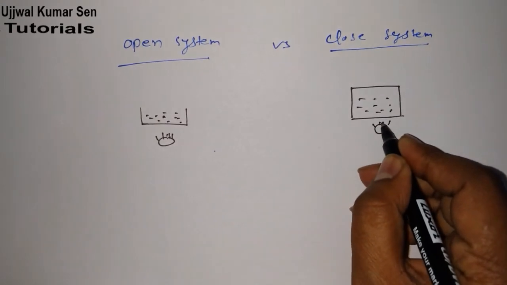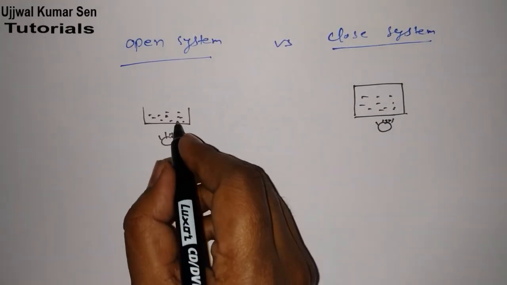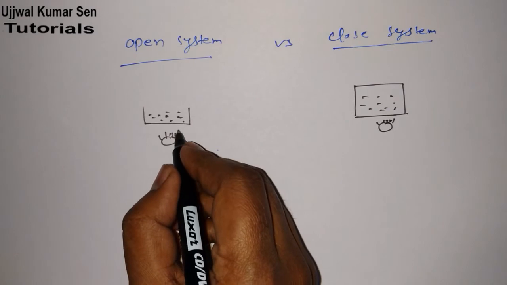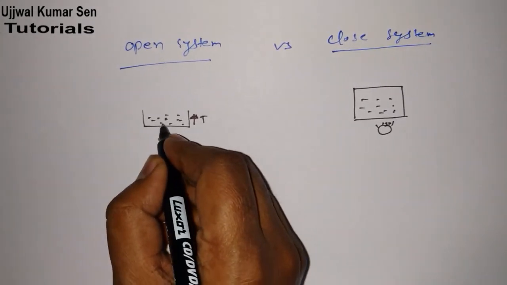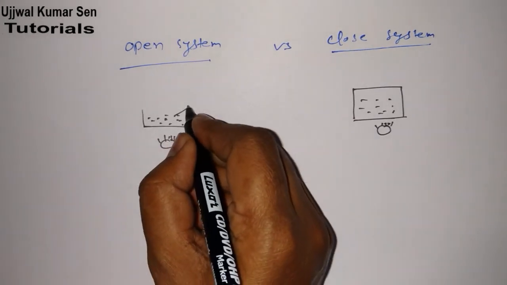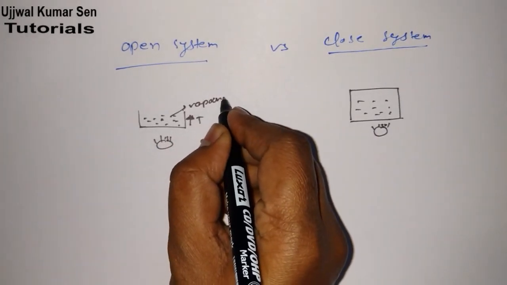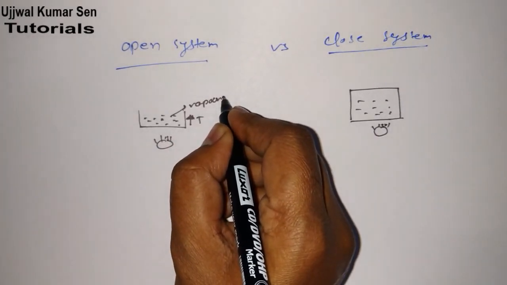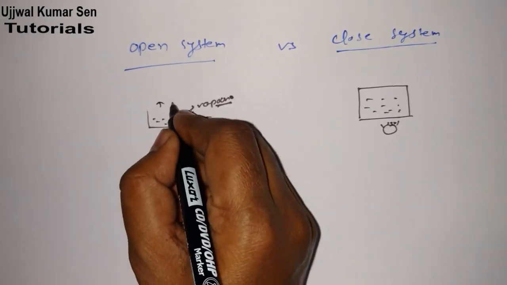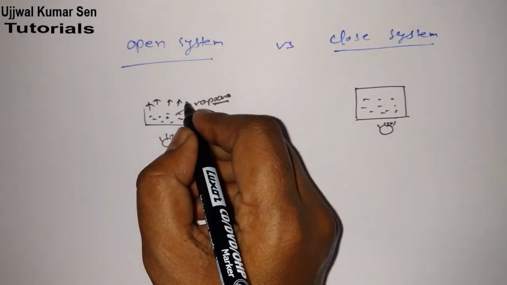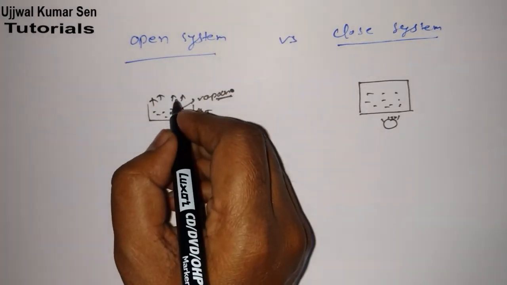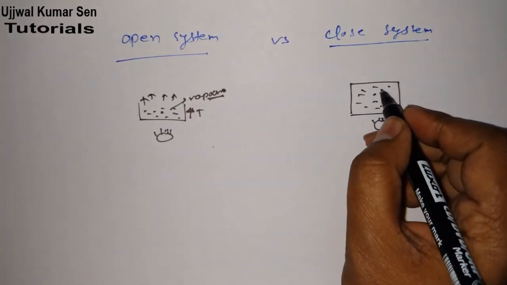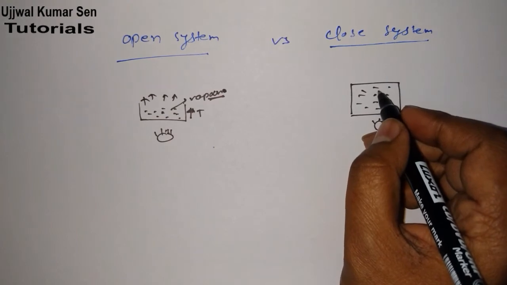We are also providing heat here. Now what will happen in this saucepan? Heat will be here, and because of the increase in temperature, the water will start evaporating. It will convert into vapor. Then it will automatically go outside, because it's open. So it's an open system. Here we have a closed system, so water vapor will not go outside.